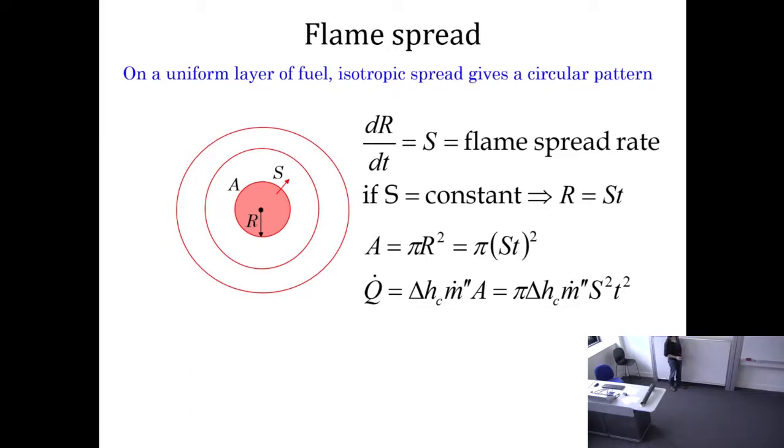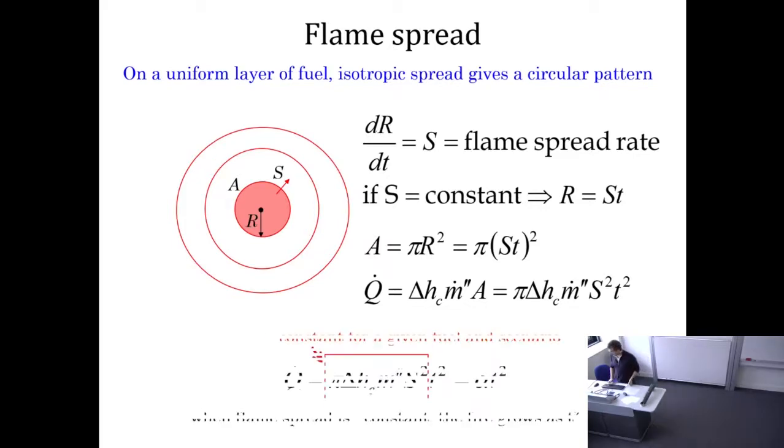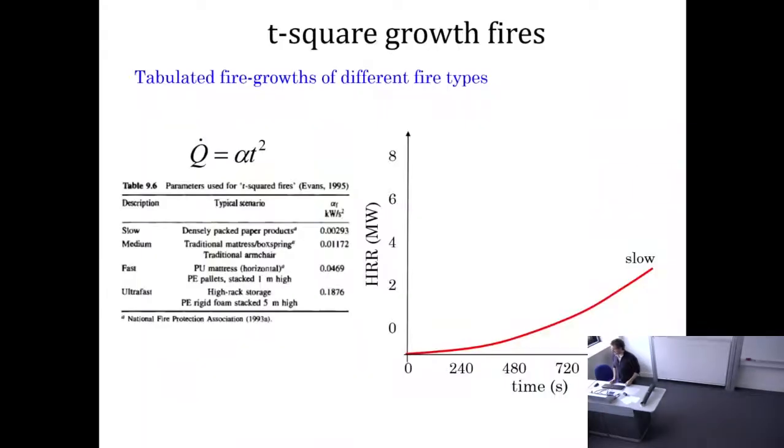So you can bring now the area into the equation that we had before of the heat release rate, where we have a pseudo-constant material property, another pseudo-constant material property, and now we bring the area, which actually means S, the spread rate, is also a pseudo-material property. Then all these are constants, mathematical constants, physical constants, and you just have the heat release rate in these conditions will grow quadratically with time. And this is something that has been seen very often.